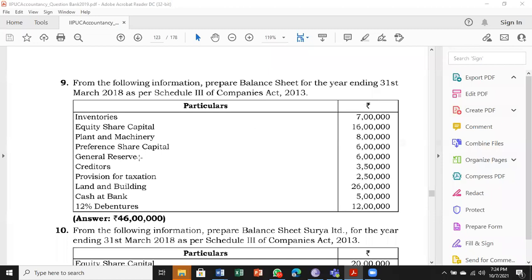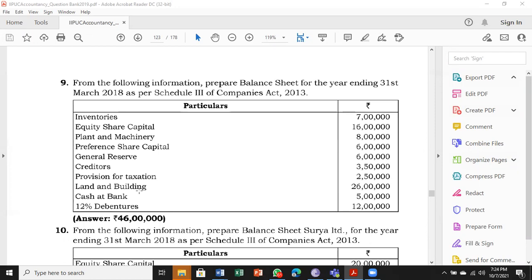This comes under reserves and surplus, creditors liability, provision for taxation liability, that is a tax payable to government. For that, a money will be kept aside at the end of financial year. That money kept aside is called provision for taxation.